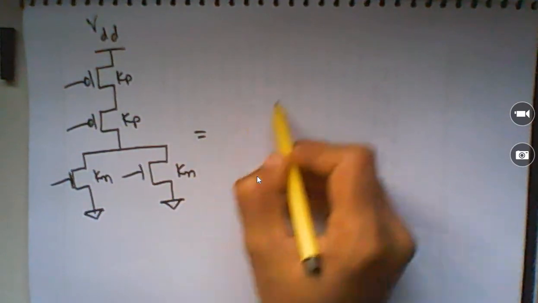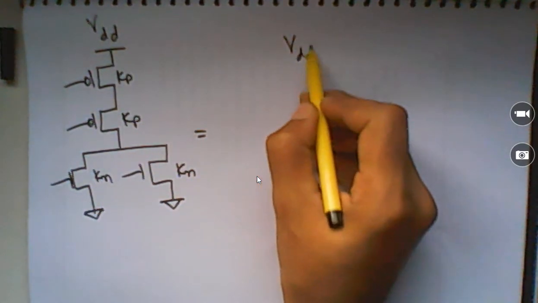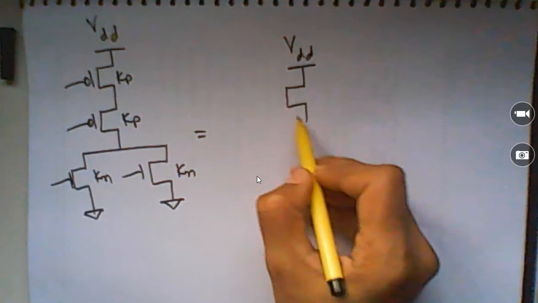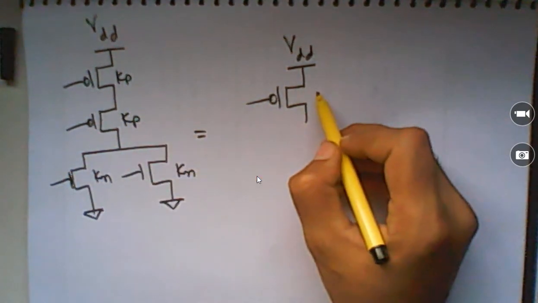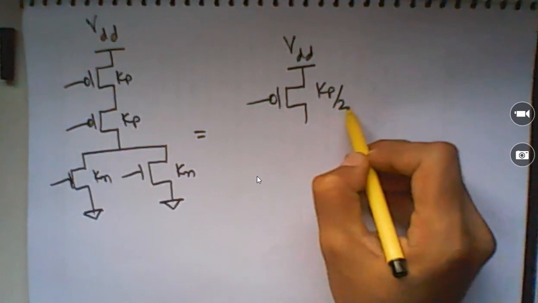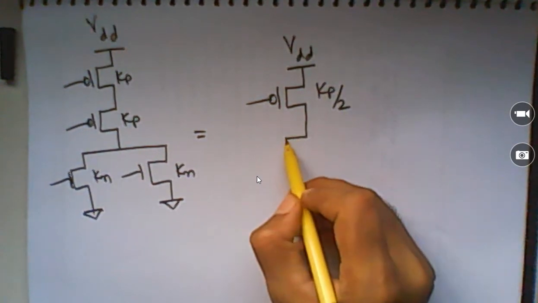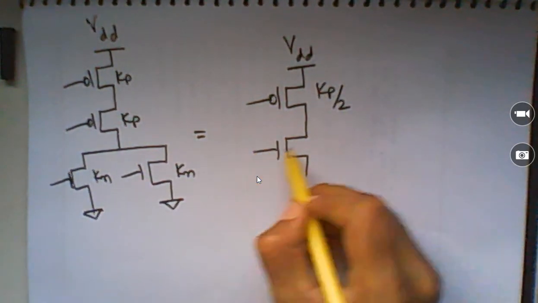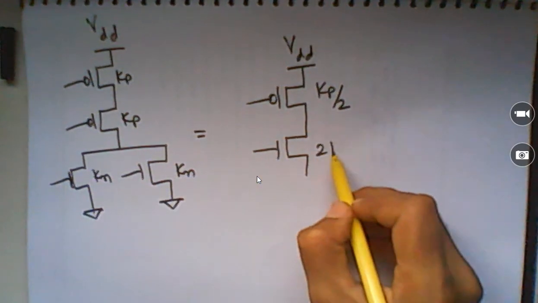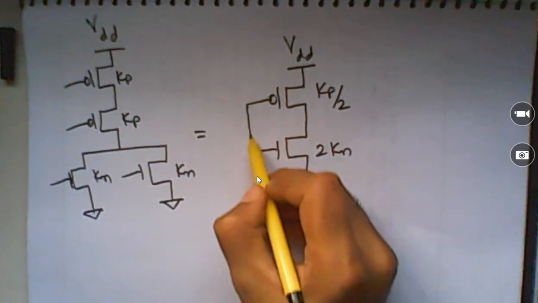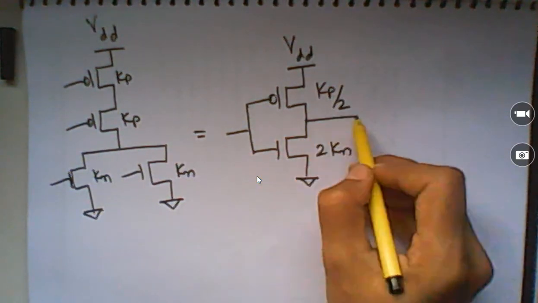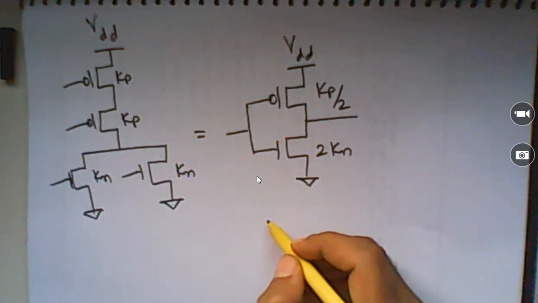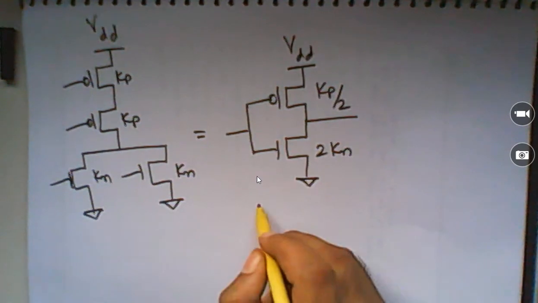Then in its equivalent inverter structure, the PMOS transistors are connected in cascade, so the equivalent transconductance is Kp by 2, and the NMOS transistors are connected in parallel, so it is 2Kn. So this is the equivalent inverter structure of the 2 input NOR gate.